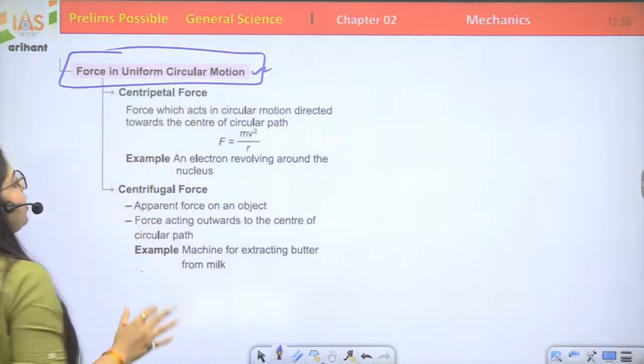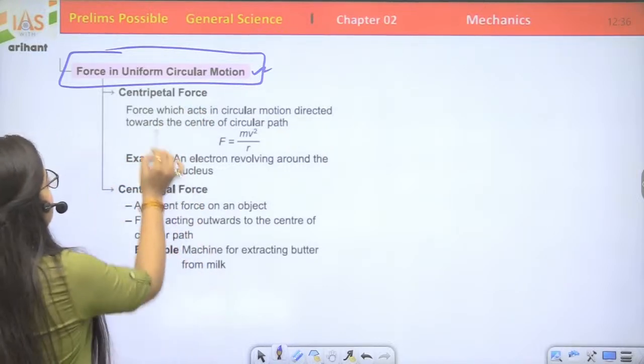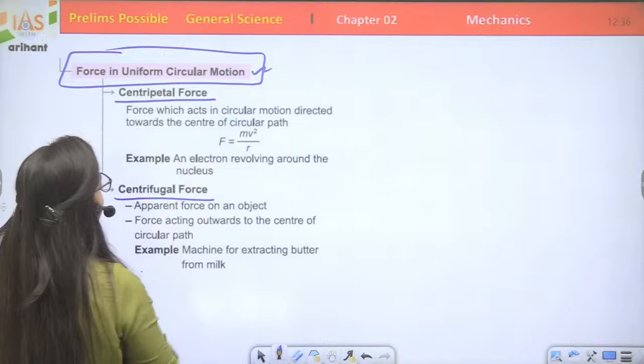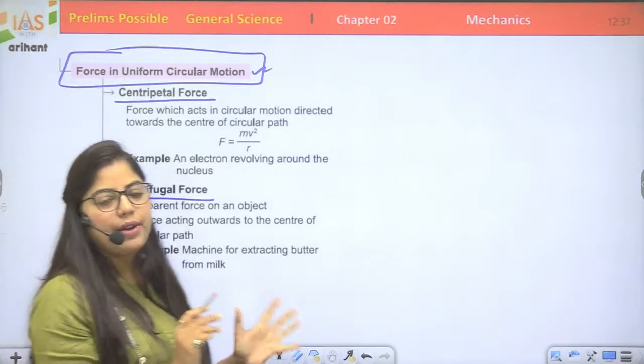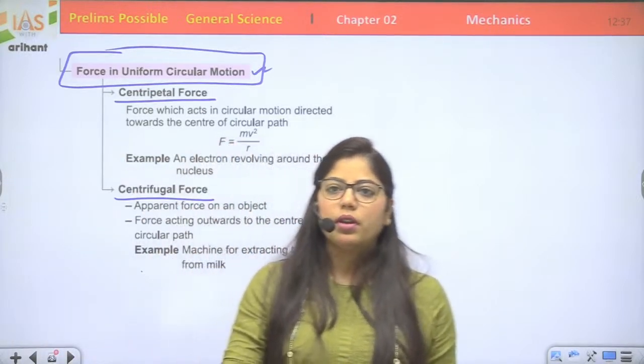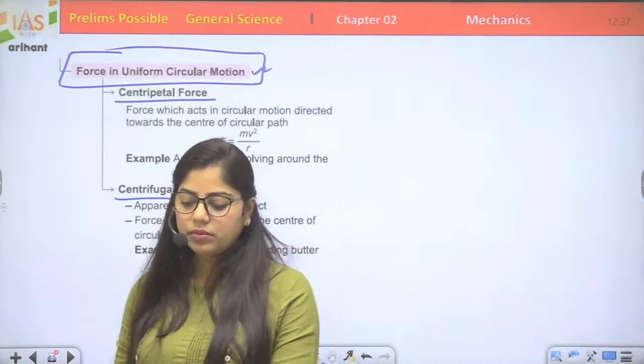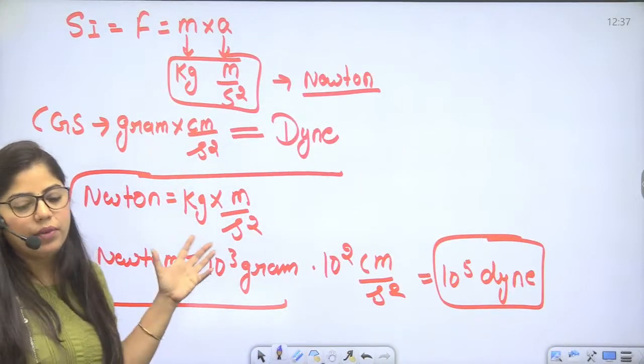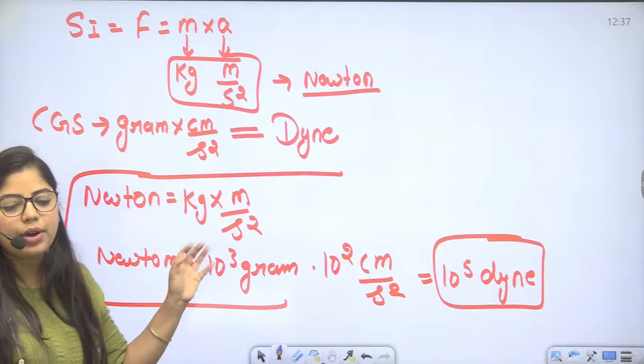Now comes the force in uniform circular motion. There are two types of circular force. First we call it centripetal force, and second is centrifugal force. What is centripetal force? How can you define the centripetal force?